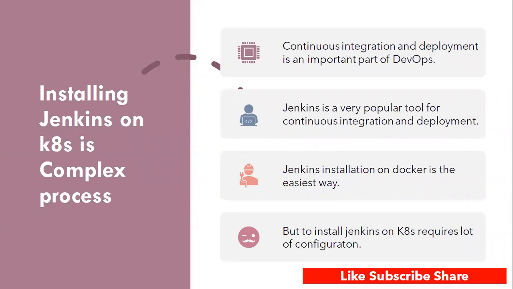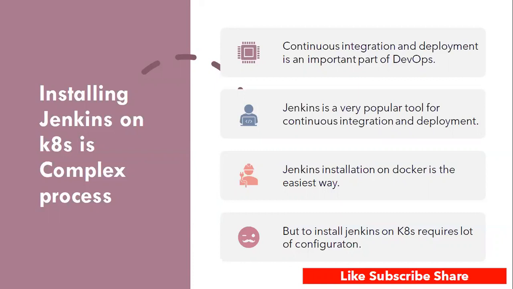Installing Jenkins on Kubernetes is a complex process. Continuous integration and deployment is an important part of DevOps. Jenkins is a very popular tool for continuous integration and deployment. There are multiple ways by which we can install Jenkins. Out of those, installing Jenkins on Docker is the easiest way.